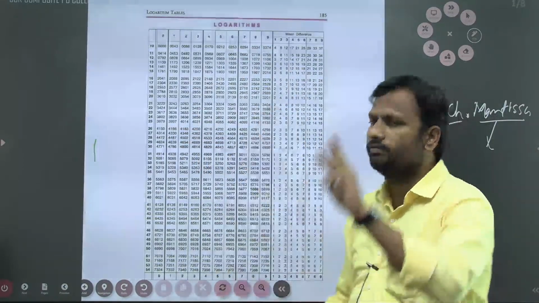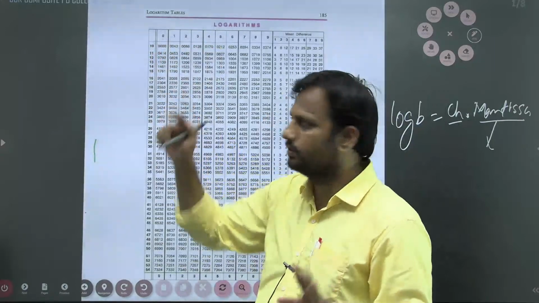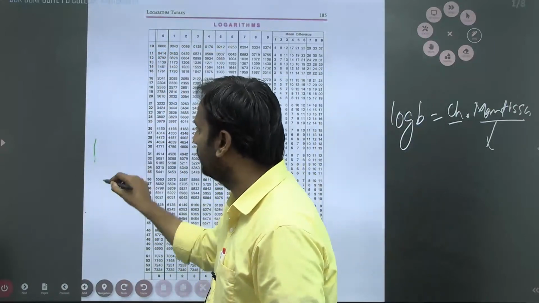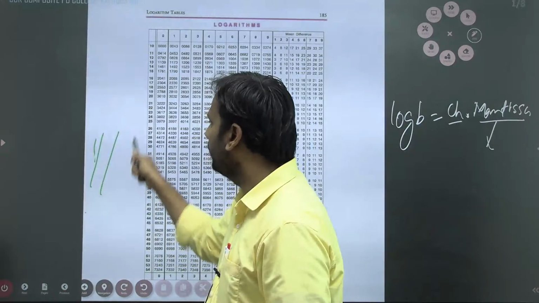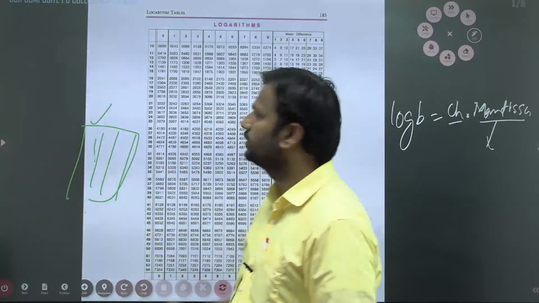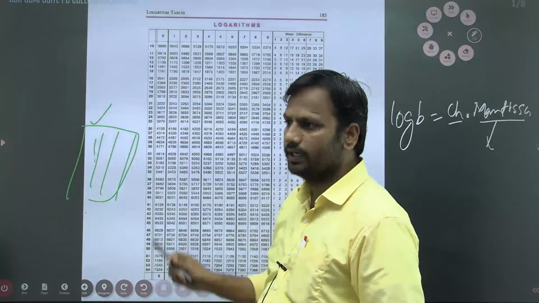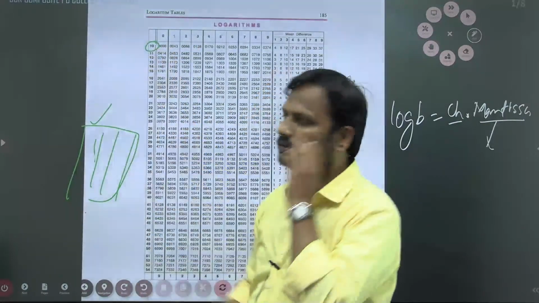In the log table, we have three main parts, three main columns, friends. In the first column, it is a blank one here. It starts from 10, students, right?